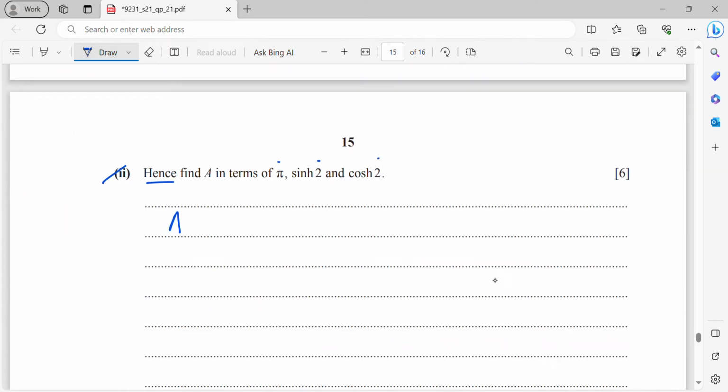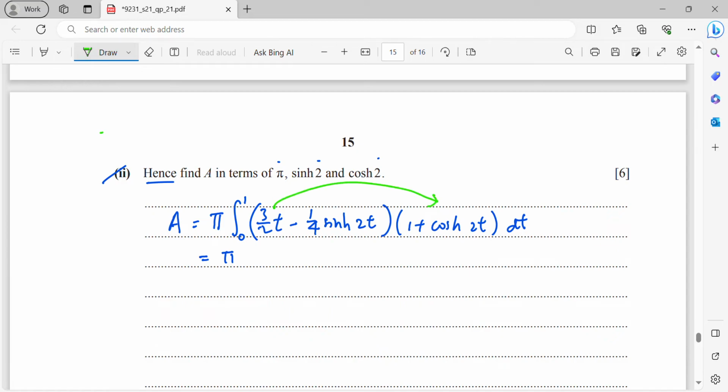So now my A is pi integrate 0 to 1, 3 over 2t minus 1 over 4 sine 2t multiply with 1 plus cos 2t dt. Okay, for this, I will split it into 2 integrations. So, the first integration is 3 over 2t multiply with the next bracket.